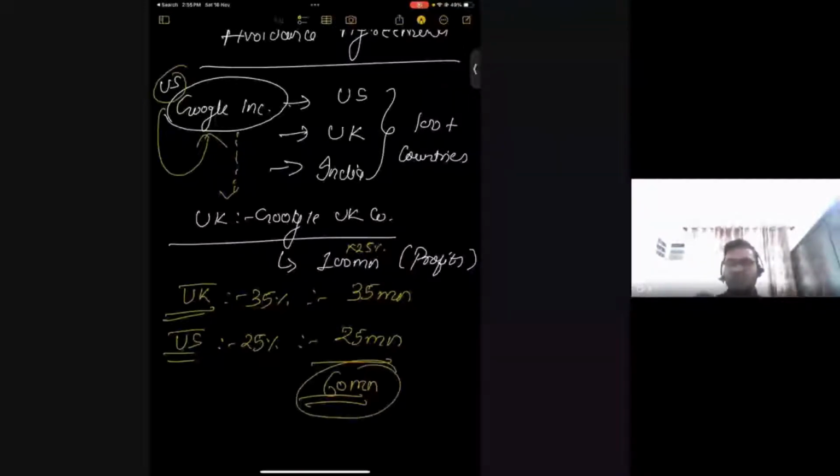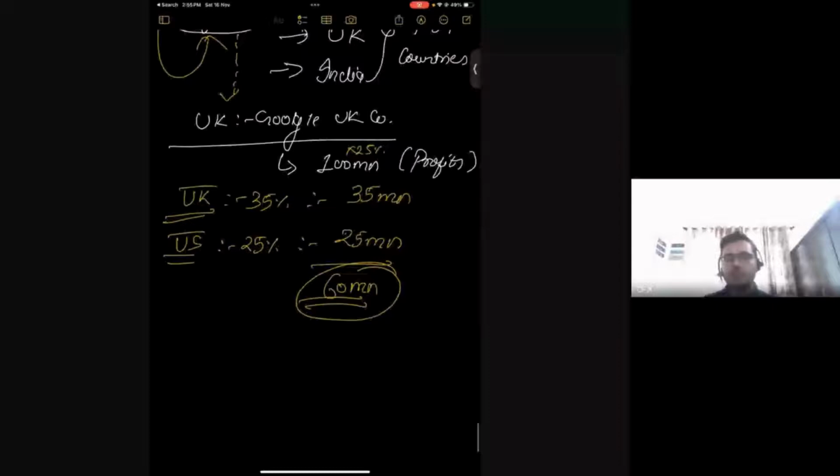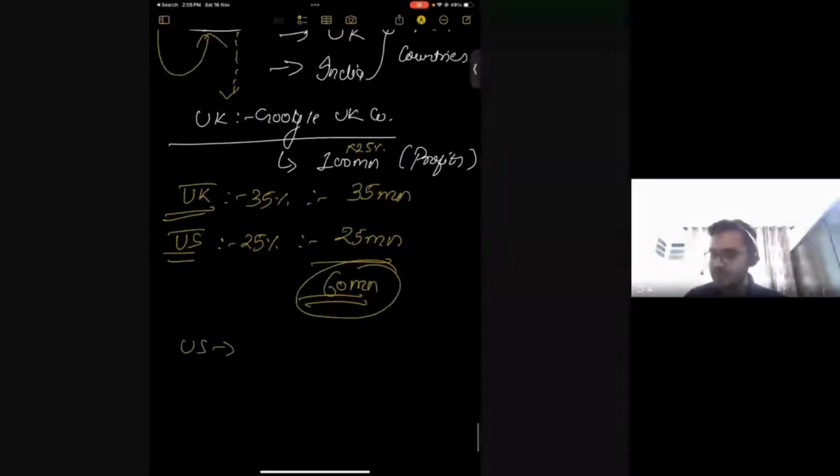And this absolutely discourages any company, let alone Google. They would not really want to do business in this kind of a situation because you're taking a lot of risks and ultimately 60% of your profits go down because of this kind of a structure. And sometimes things are even more complicated. Sometimes there's a US entity which has a subsidiary in UK, which has a subsidiary in India.